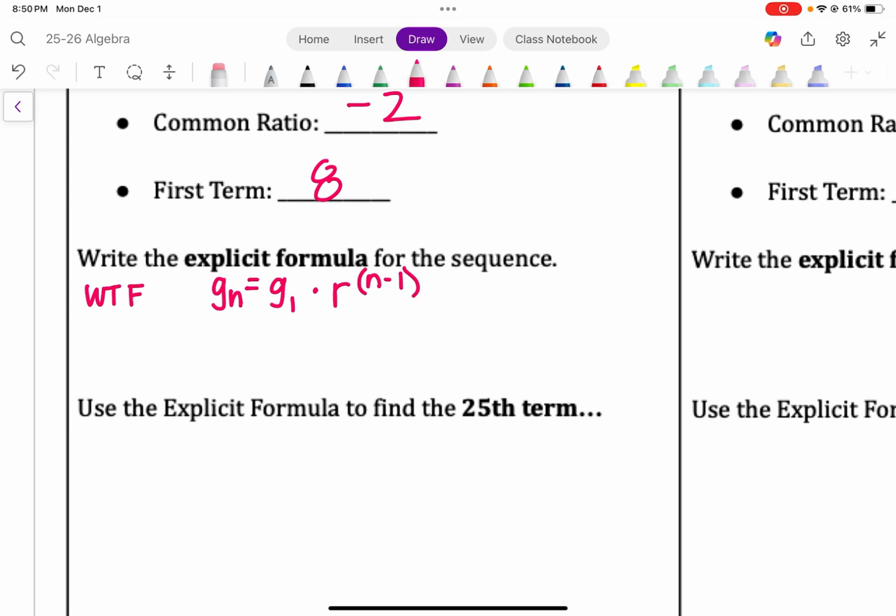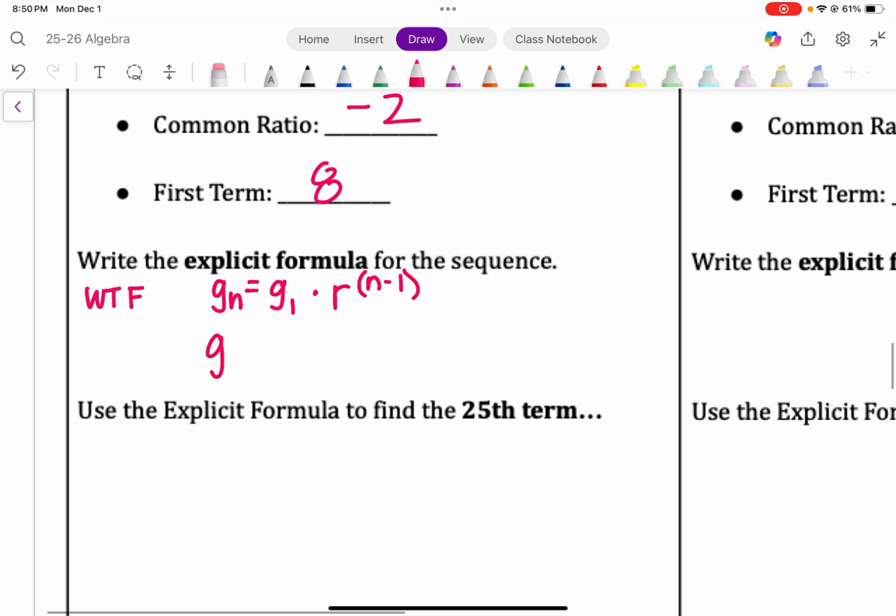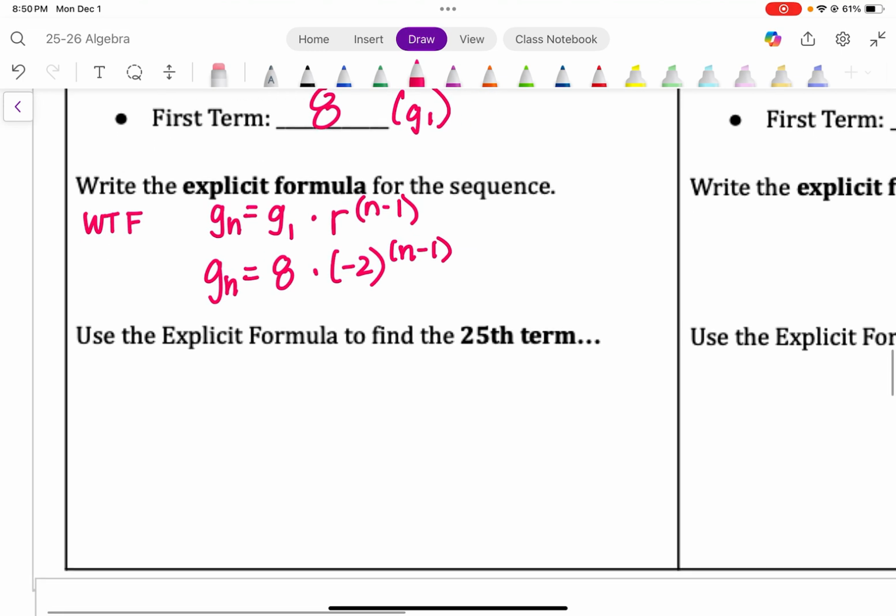When we plug that in, or substitute those numbers, g of n will stay g of n. G of 1 is 8. Negative 2 is my r value. So times negative 2 to the n minus 1. And when we are asked to find the 25th term, we're going to say n equals 25.